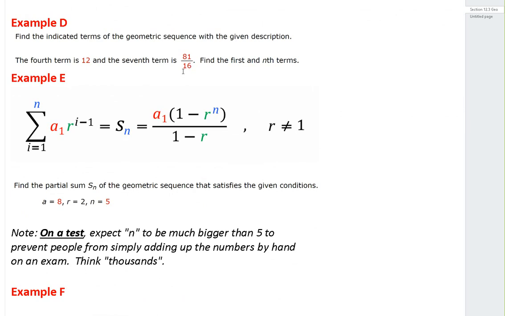Example D. So let's write down a sub 4 is 12, and a sub 7 is 81 over 16. I want to find a sub 1 and a sub n.